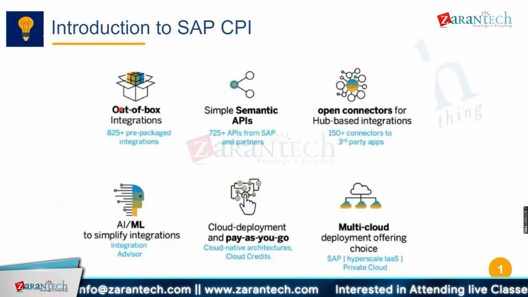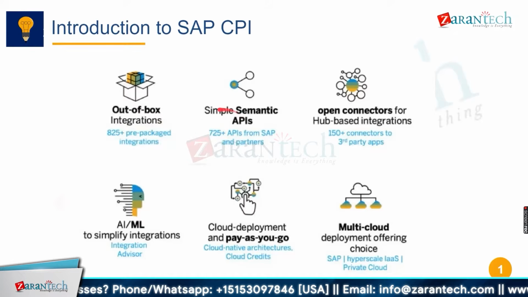The same way, we have 825 plus pre-packaged integrations, which are already created by SAP or some third-party vendors or someone. If you want to utilize the same package, then no need to create anything. You can directly copy the same integration to your tenant. Likewise, we have 825 plus pre-packaged contents.